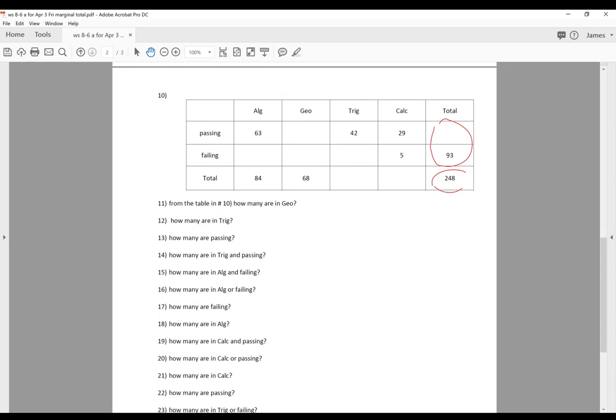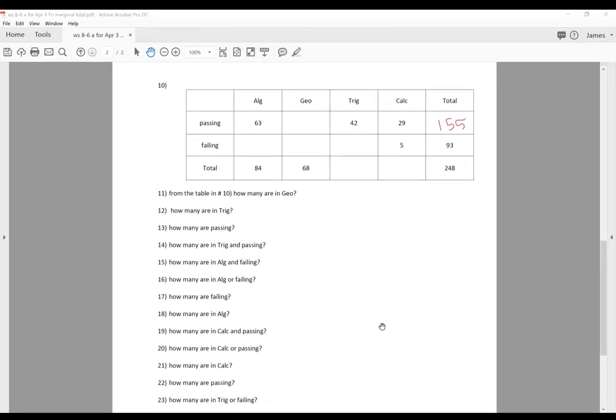But either way, if you subtract or use x plus 93, you should get 155, I think. And then there's a blank here. I'll get that by adding these numbers and subtracting from 155, or 155 minus 3 of those numbers. So either way, you should get 21 here.